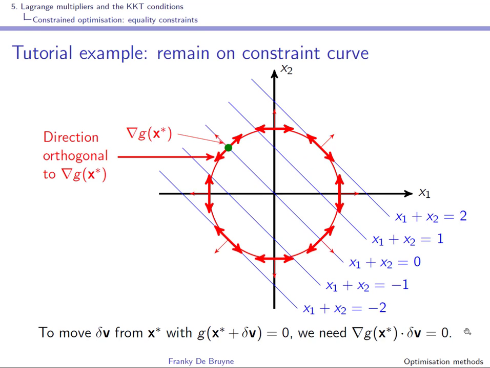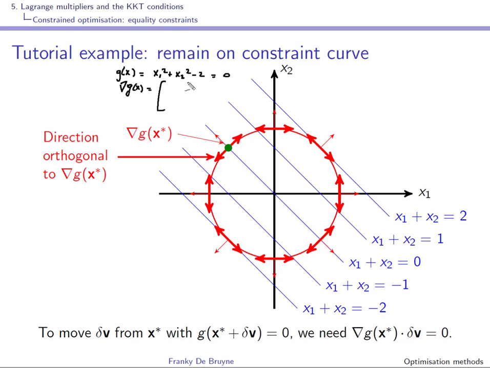Well, notice also that with the new solution we have to still meet the criterion g of x is equal to 0, so we have to remain on the constraint curve g of x is equal to 0. Here g of x is really x1 squared plus x2 squared minus 2 is equal to 0. So what we can do is compute the gradient of g of x.